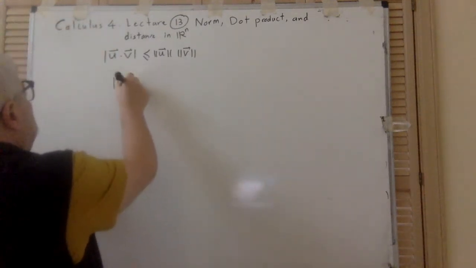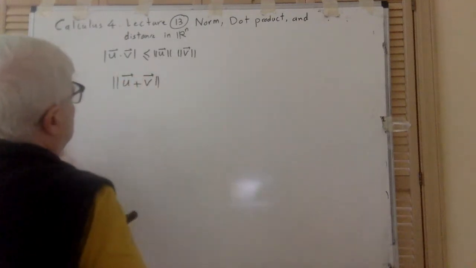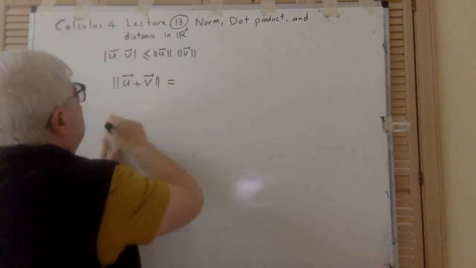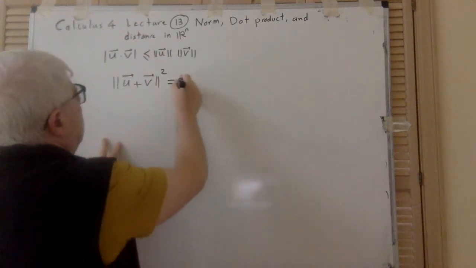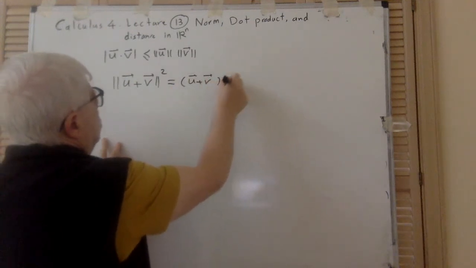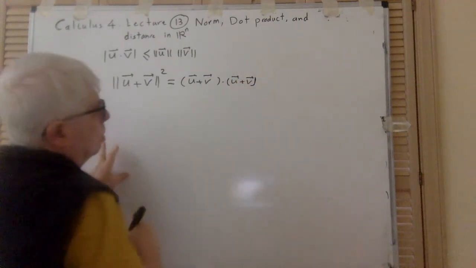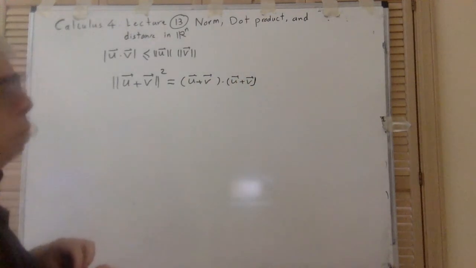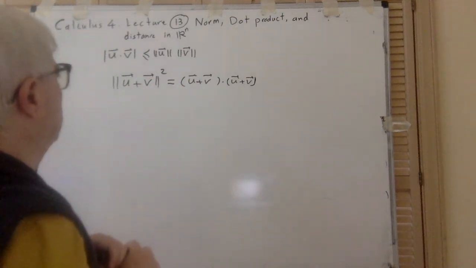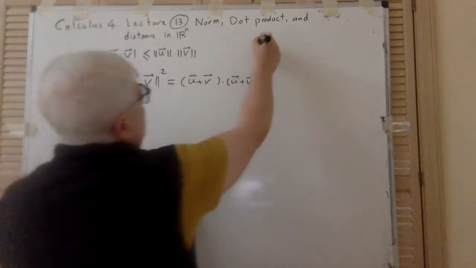So I have u plus v. I want to see what I can do with this thing. Remember, let's square it, I can write it as u plus v dot u plus v. That was one of the things that we discovered.